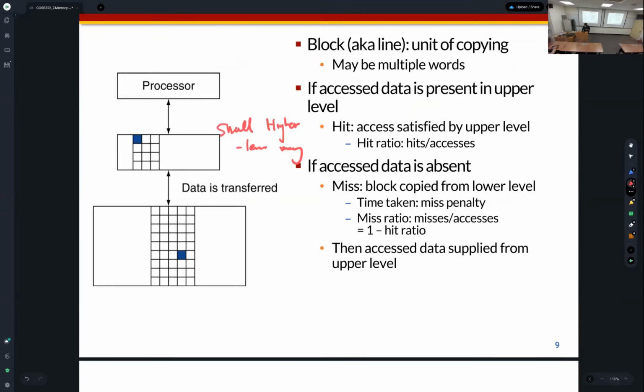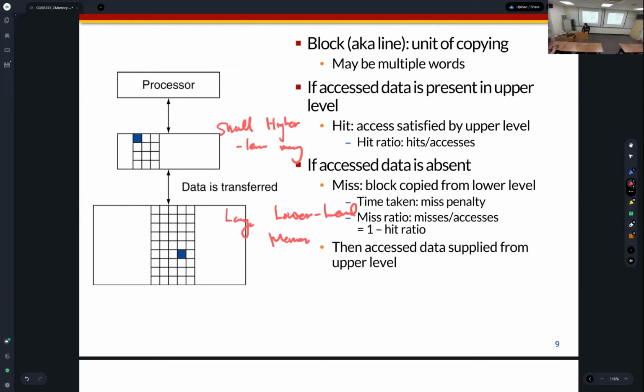Also, we can find large, lower level memory. I mentioned that this higher level memory is fast and the lower level memory is slow. The size of the higher level memory is small, and the size of the lower level memory is large.